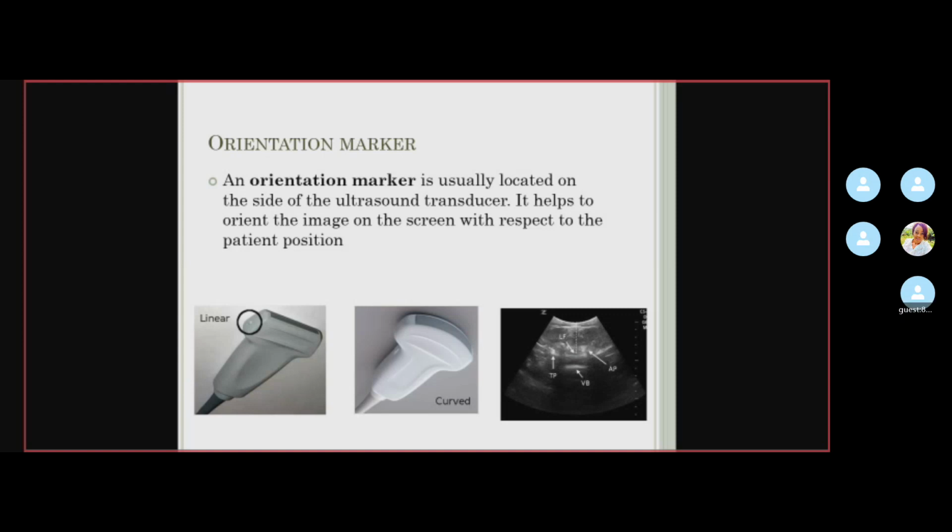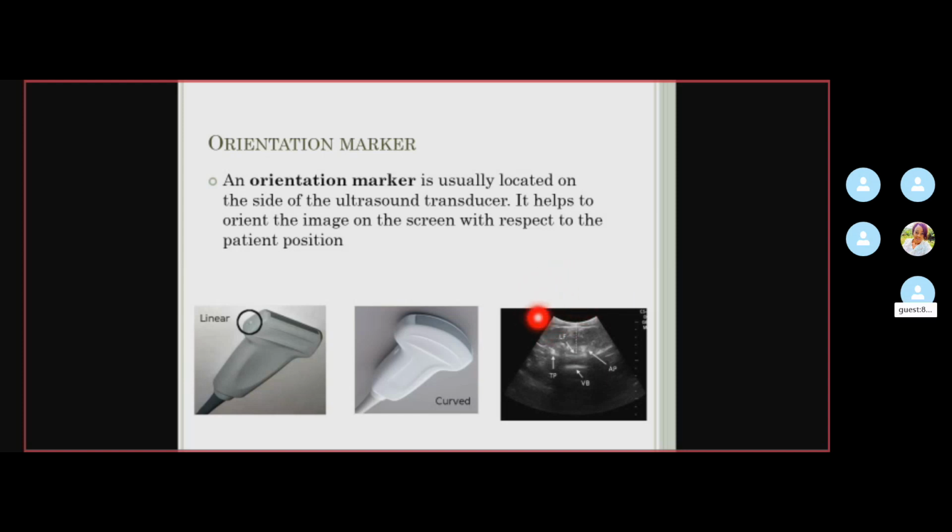This is called the orientation marker, and it is located on the side of the ultrasound transducer. If you don't find an orientation marker, to identify which side is the right side and which is the left, put the coupling agent, that is the gel, on the transducer and just place your finger. Whenever you place your finger on the orientation marker side, it will show on that image on the left side.